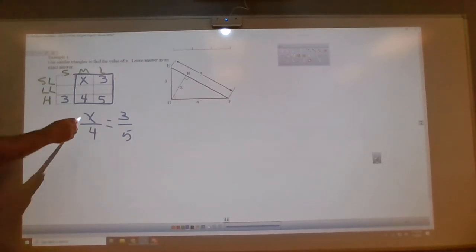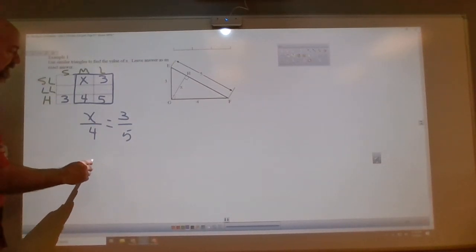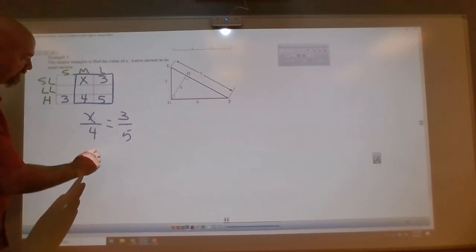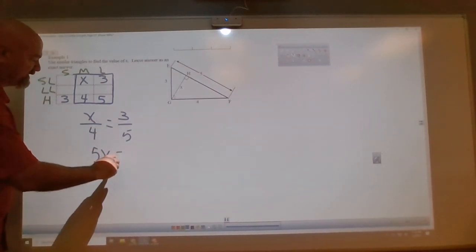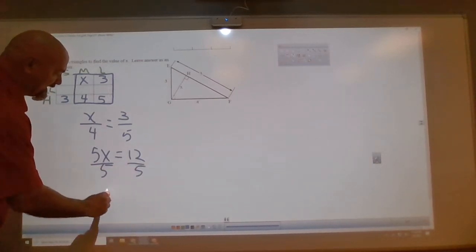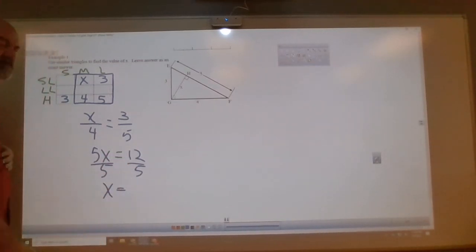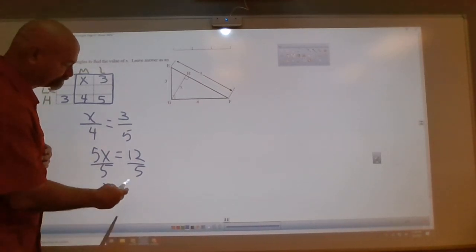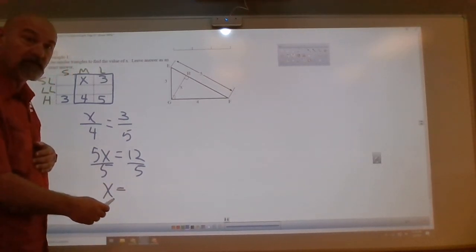Then we say that 5x equals 12. X equals 12 over 5, which is what? 2.4?